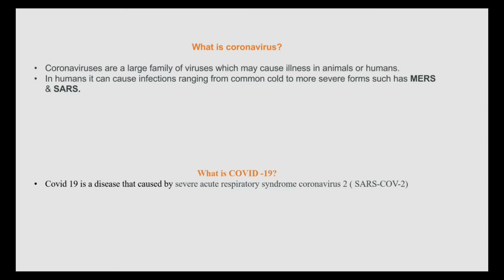So first we will see what is coronavirus. Coronaviruses are a large family of viruses which may cause illness in animals or humans. In humans, they can cause infections ranging from the common cold to more severe forms such as MERS and SARS. So, what is MERS?